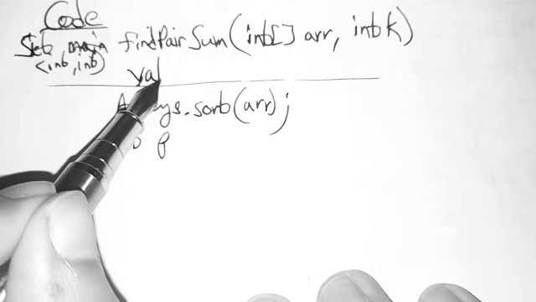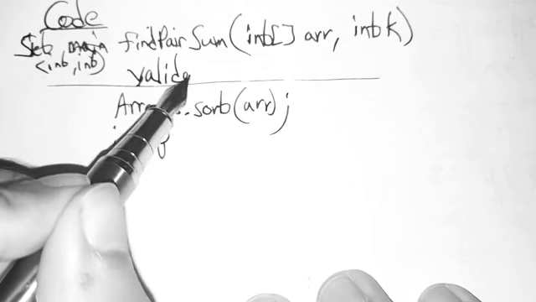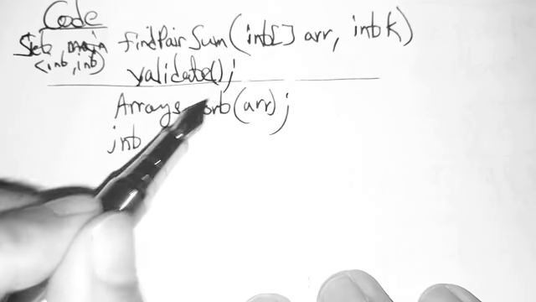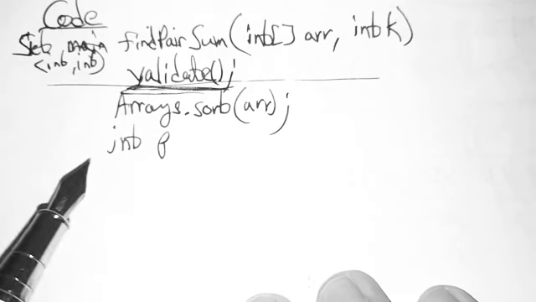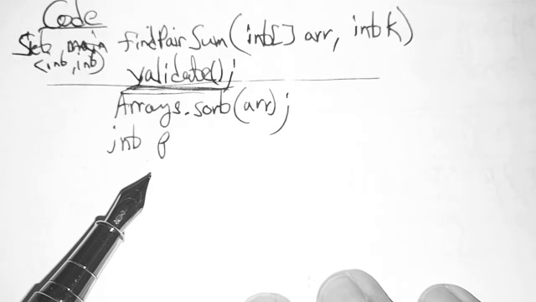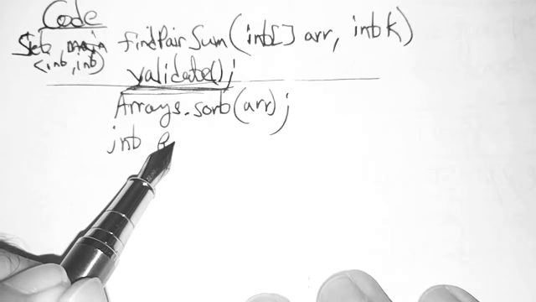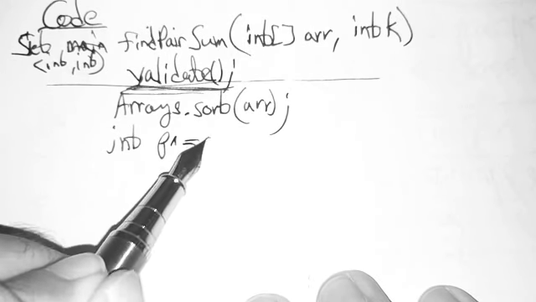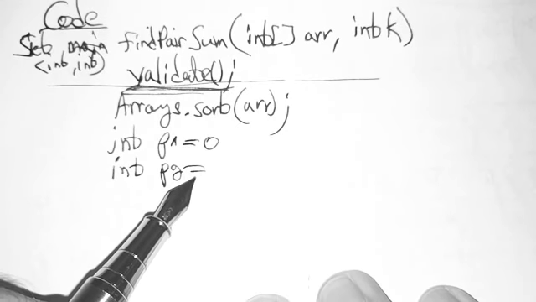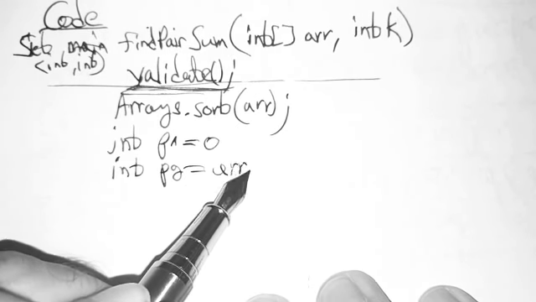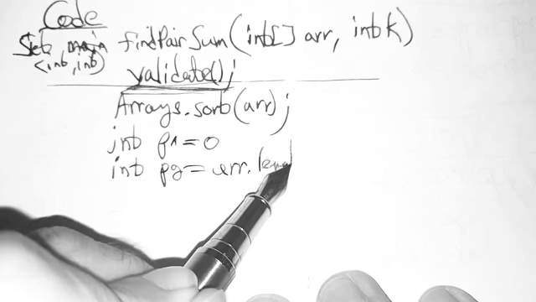This is not the focus of us, but it's very important. You should always validate. We have pointer 1 pointing to 0, and we have pointer 2 pointing to array.length, so it's pointing to the end.